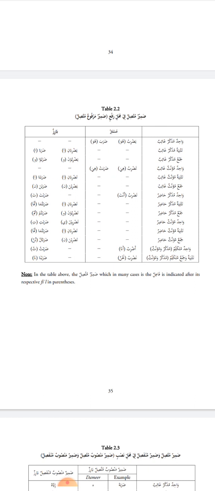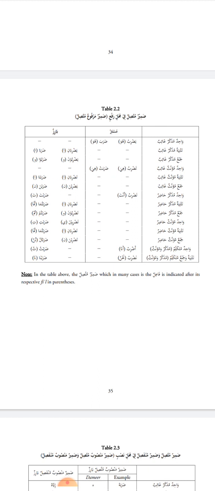And then you have dhamir muttasil, the attached dhamir. If you attach huwa to the noun, it becomes hu: kitabuhu, qalamuhu, his pen; baytuhu, his house.